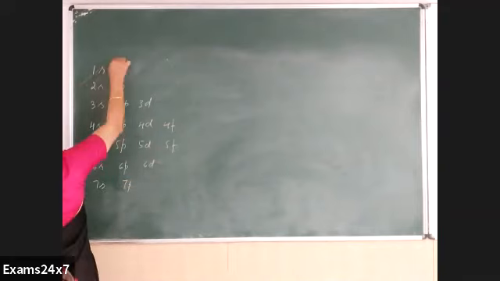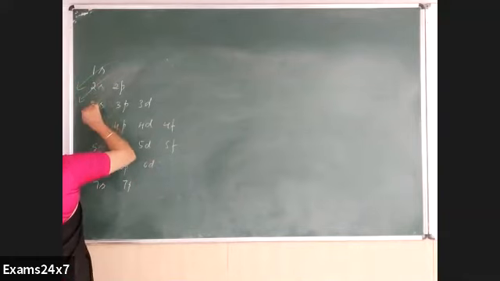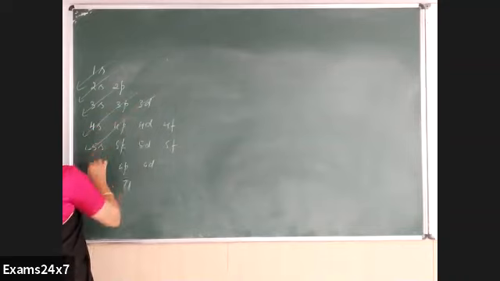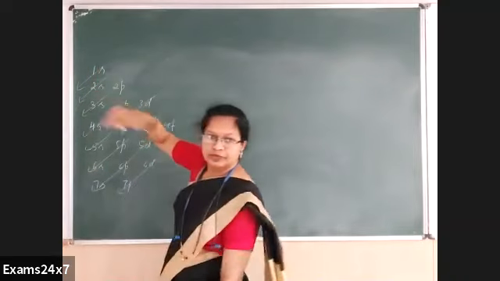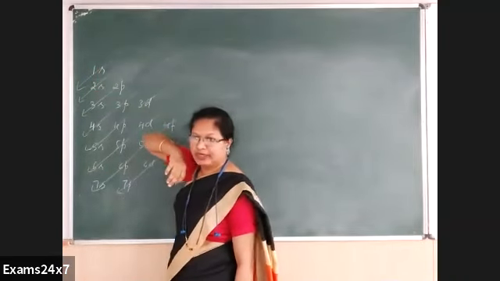Then put the arrow mark downward. In this way, you will get the order of the orbitals.